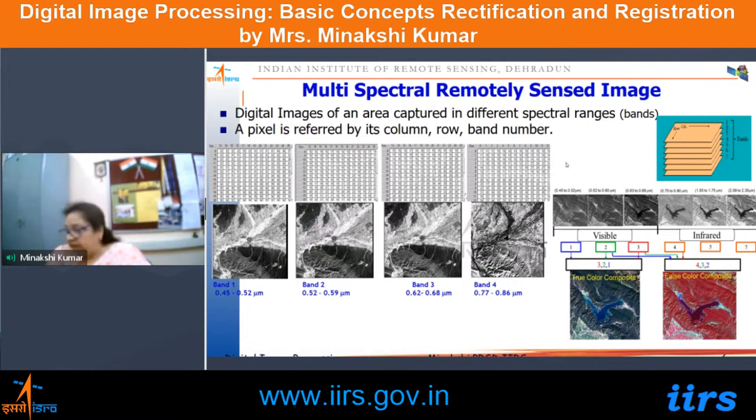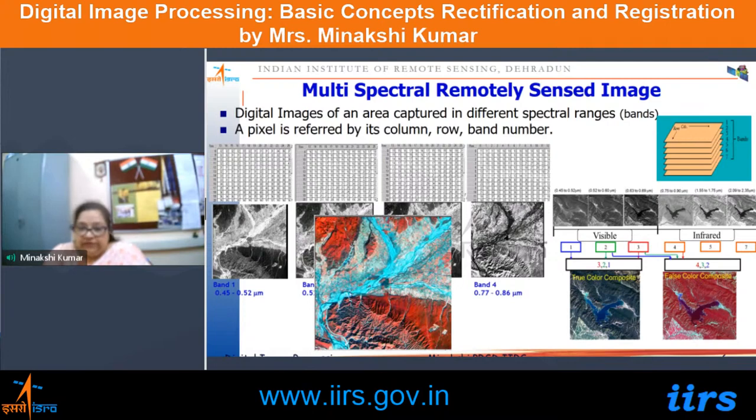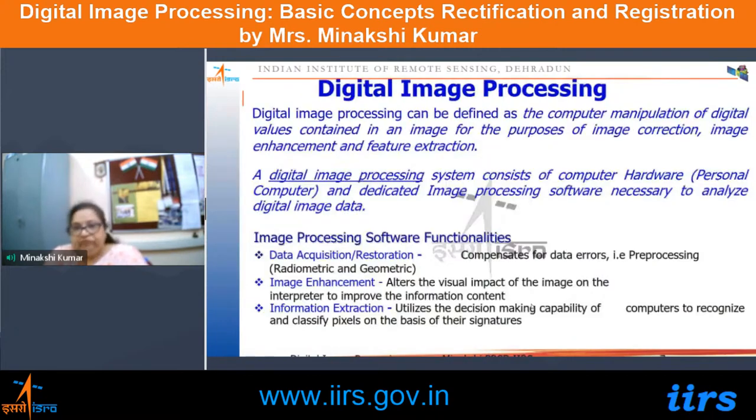That is the standard false color composite. So this is the standard false color composite for this multispectral data set which I have shown here, the four-band data set. Okay, so now we can define what is digital image processing once we have seen what is a digital image.